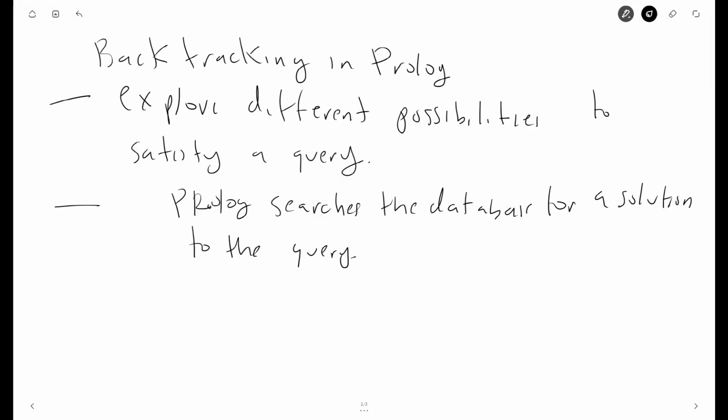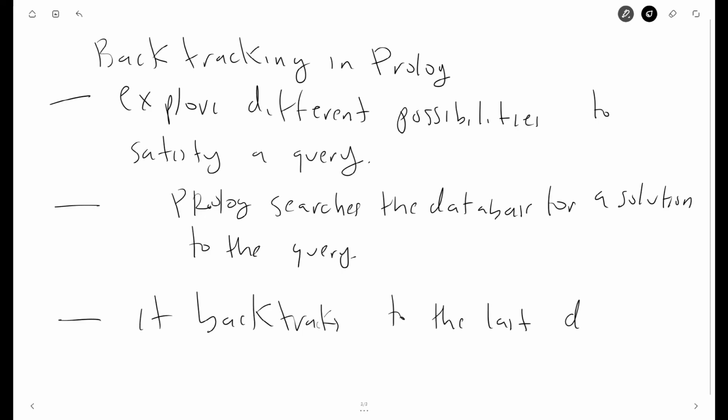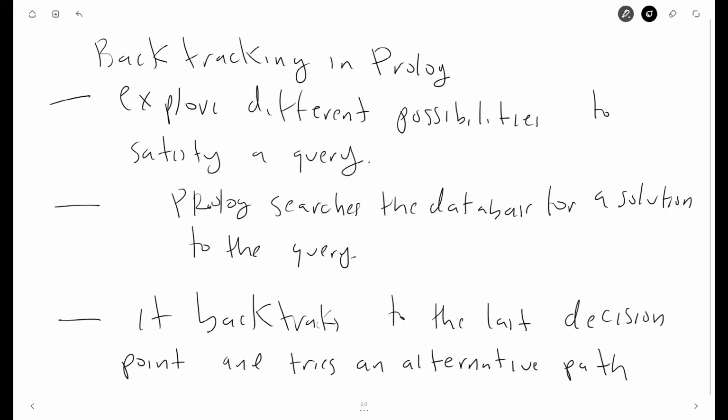If Prolog encounters a failure, it backtracks to the last decision point and tries an alternative path.